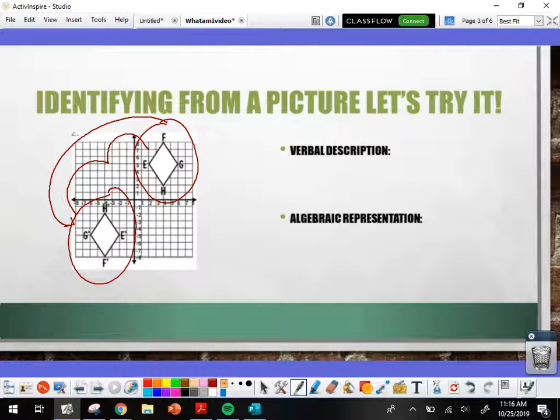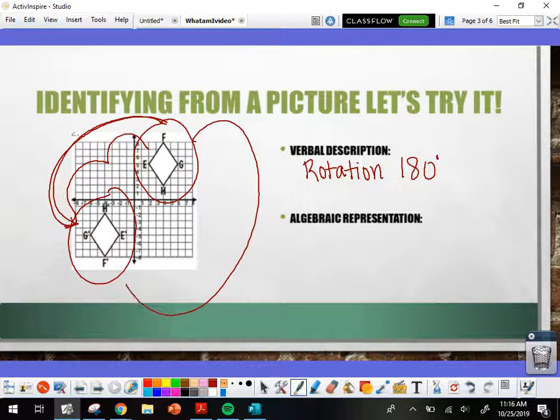So the verbal description is the word for turn is rotation, 180 degrees. In this scenario, it's going to end up the same place whether we go counterclockwise or we go clockwise. So we really don't need to specify which way it's turning.